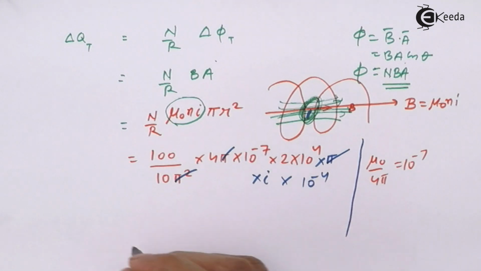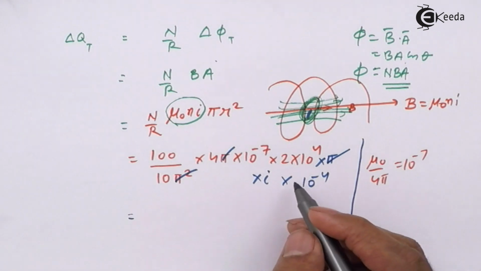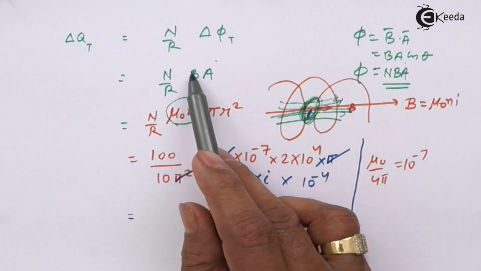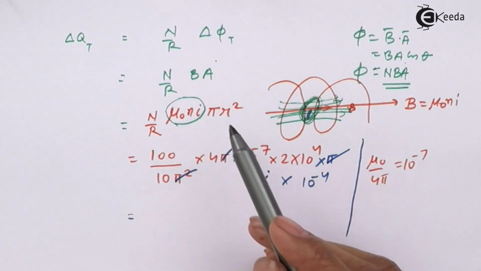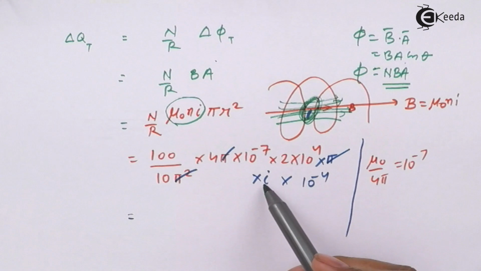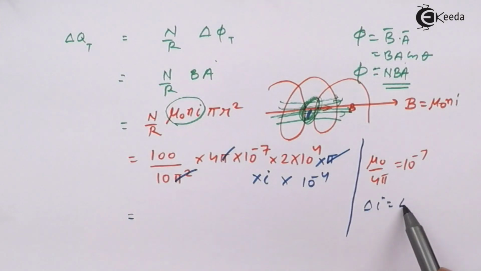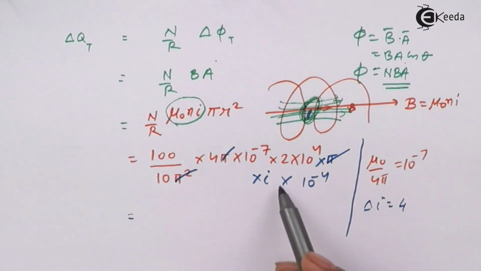Now the current is changing, because this is the change we're talking about. This is not the flux, this is change. It is the change in current, so I'll write delta I. The change in current is actually 4, so I'll write 4 here, because that's the change that is taking place.